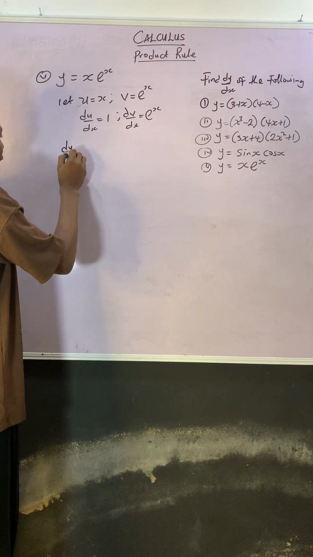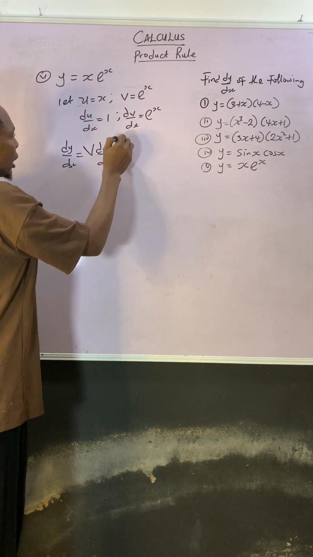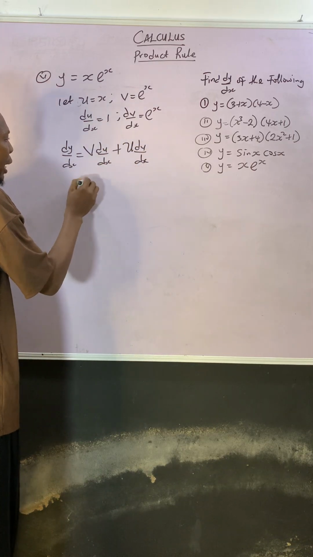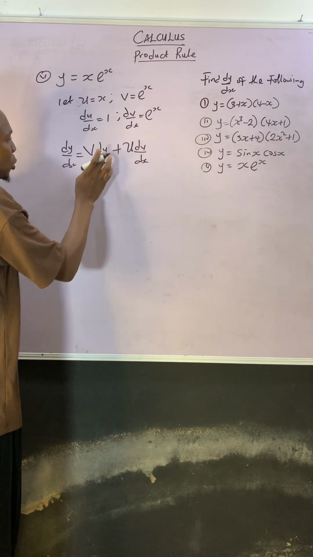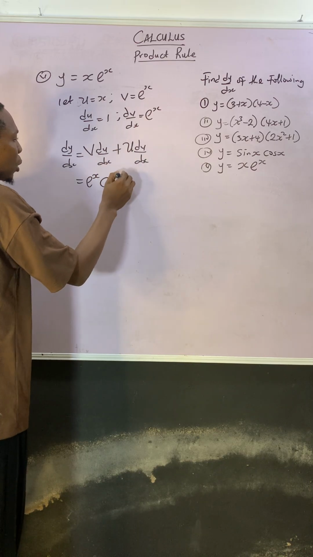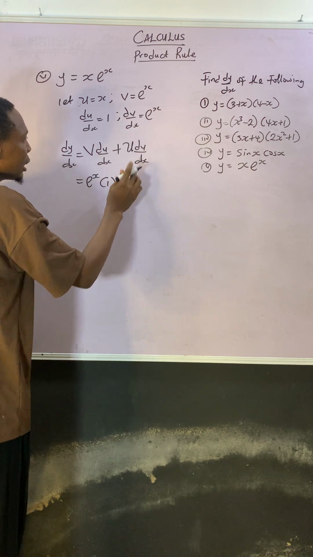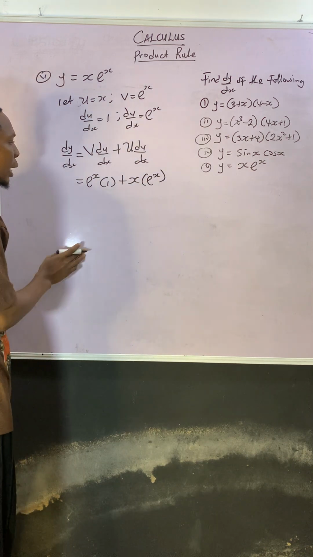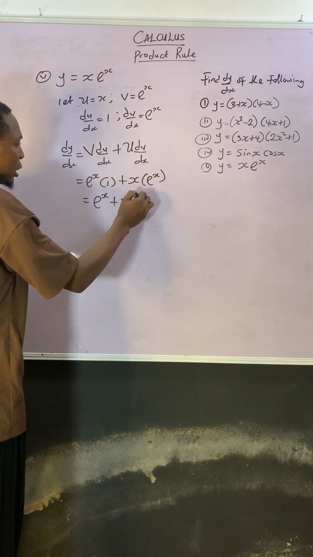We have dy/dx equals v du/dx plus u dv/dx. So from there, our v is e to the x, then du/dx is 1. Then plus u, which is x, and dv/dx is e to the x. So this times this, we have e to the x. Then plus x e to the x.